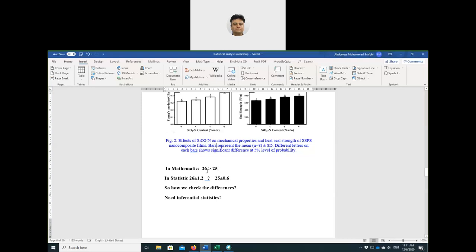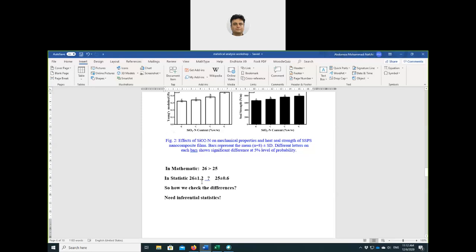That is in mathematics. But in statistics, you report 26 plus minus 1.2. This is the mean and standard deviation. 25 plus minus. Here you cannot say easily whether it is higher or not. Maybe they are equal, and the errors show the difference in the amount of the mean. So you cannot easily say that 26 is higher than 25 here.